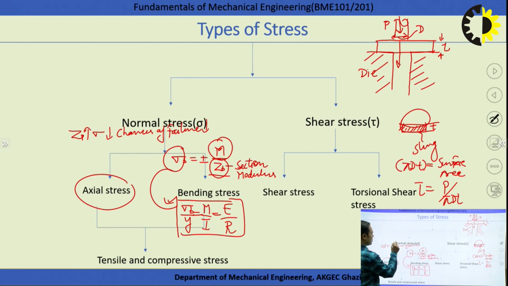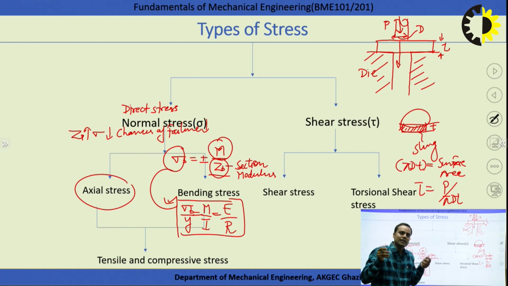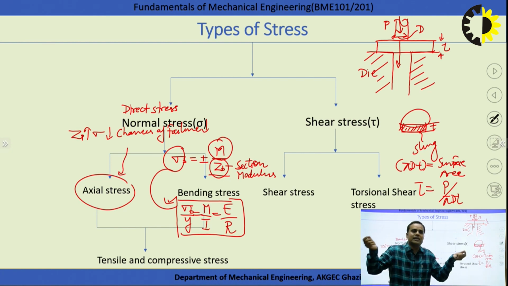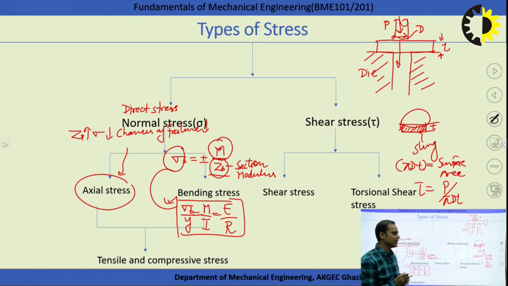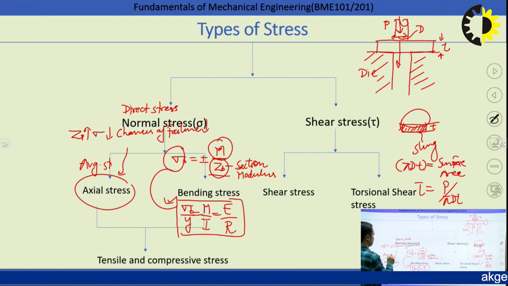Normal stress is also called direct stress. Why is it direct? Because whenever we apply force to the material, the stress produced directly is called direct stress. It is also called axial stress, because if the load is acting along the axis, we call it axial stress, and it is also known as the average stress. So these are the different names of normal stresses.